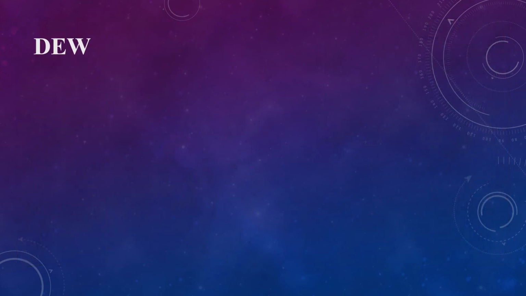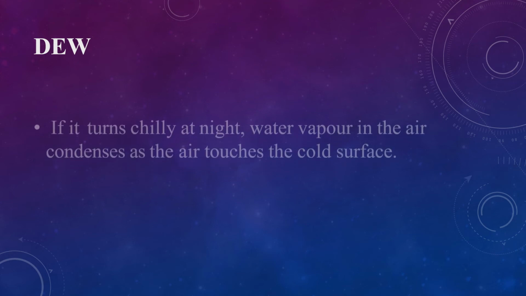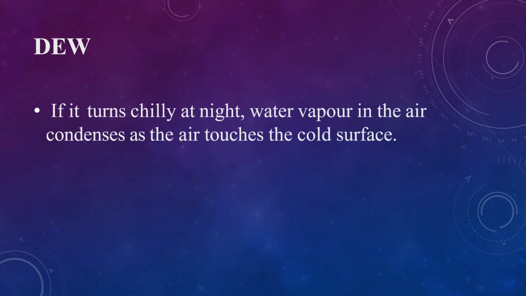Children, now let us learn about dew. If it turns chilly at night, water vapor in the air condenses as the air touches the cold surface. What is this called? It is called dew.